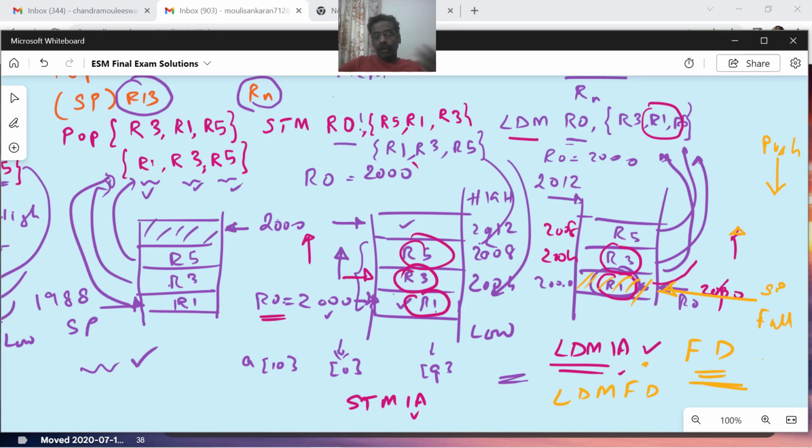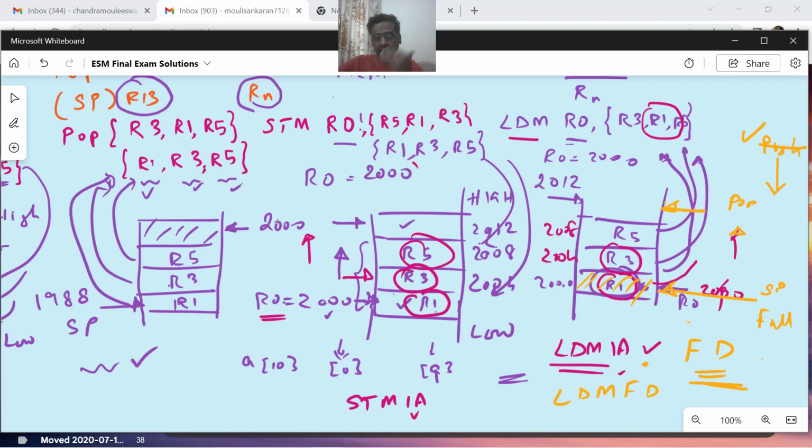If earlier I have pushed R1, R3, R5, it would have been like this. Now, when I am popping it, I am doing an LDM operation which is equal to a pop operation. So it will be going towards the higher address. Sorry, this is push. Now, the pop operation is happening and the stack will be going towards the higher address, because if it is going towards the lower address, it is descending.